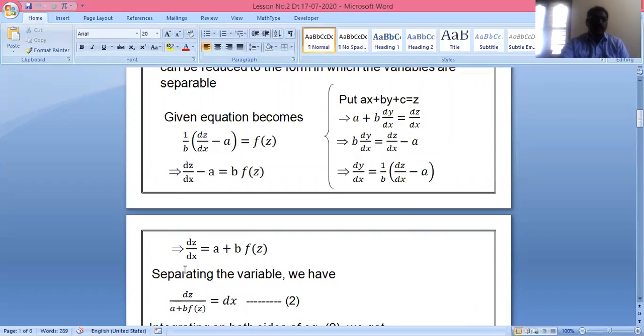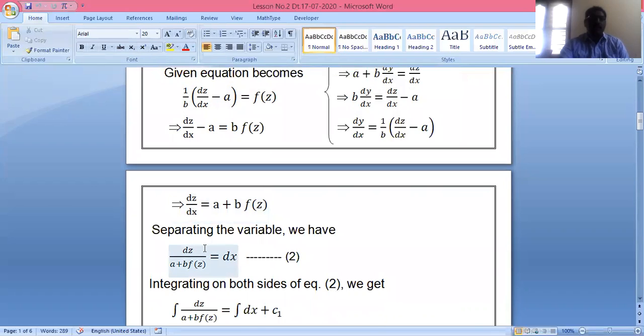That implies dz by dx is equal to a plus b into f of z. By separating the variables, we have dz by a plus b f of z is equal to dx. Let this equation be 2.